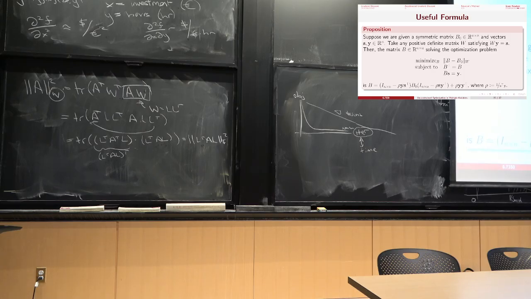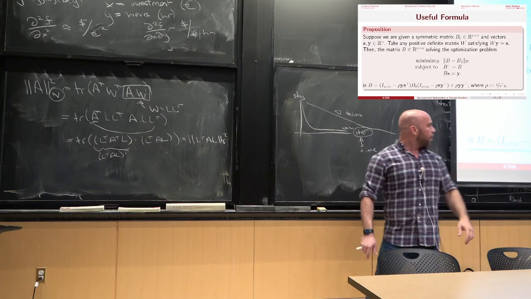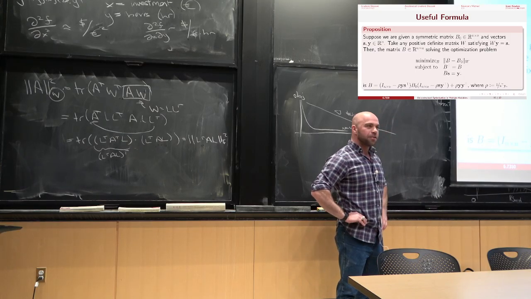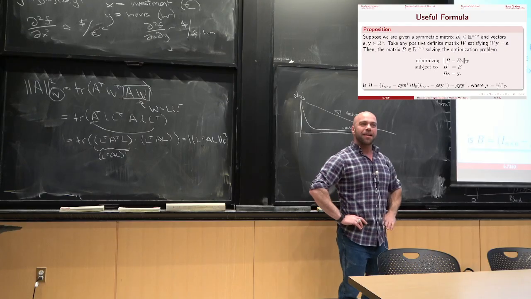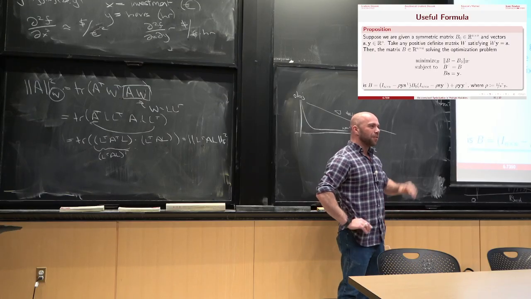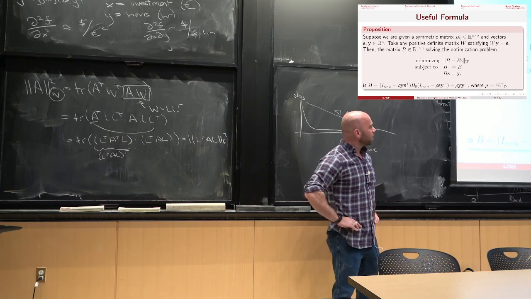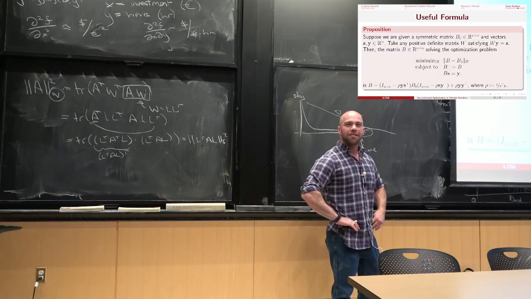And I have a new matrix B that I'm trying to compute. I'm going to optimize to find the B that is closest to B naught in this funny W norm, subject to two constraints. One is that B has to remain symmetric, and the other is that B times S is equal to Y. For now, S and Y are generic. Then we're going to make special choices of S, Y, and W for each of the algorithms that we'll derive in this class. So this is essentially a convenience formula for a bunch of quasi-Newton methods.